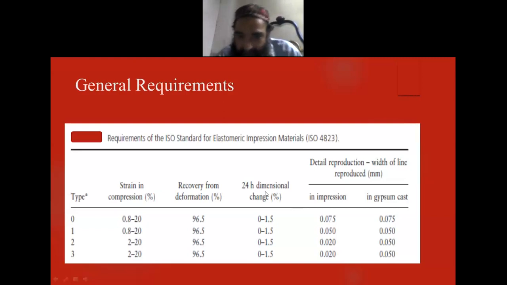If in impression it is for type 0, 0.075, for type 1, 0.050, for type 2, 0.020, for type 3, 0.020. In gypsum cast, 0.075, 0.050 for type 1, and 0.05 for type 2 and 3 also.